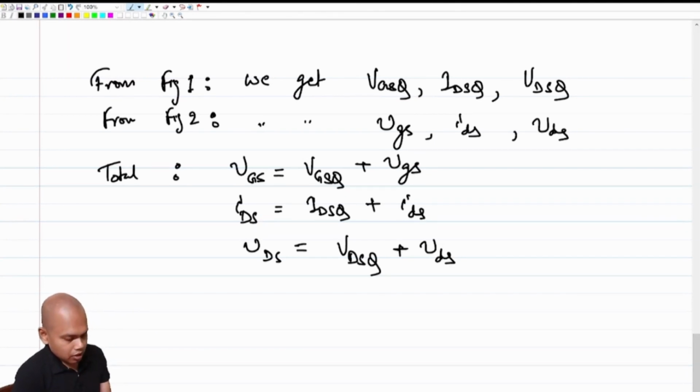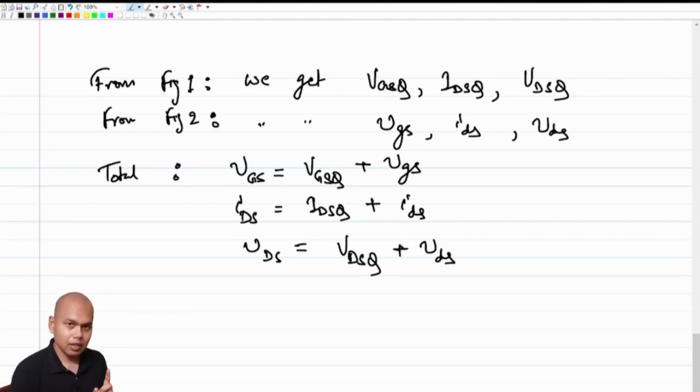Once we have this framework, we can use it for any network. We can essentially close our eyes, find out the quiescent conditions, convert the transistor circuit into its incremental equivalent, find out the incremental conditions, and combine those two.